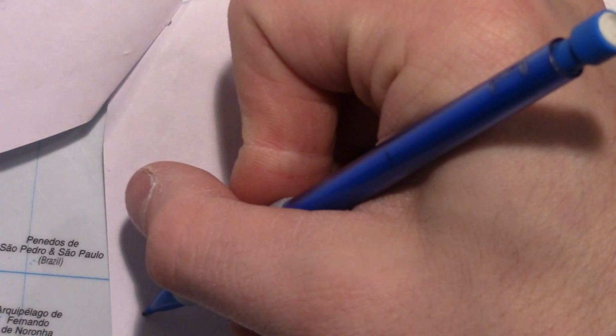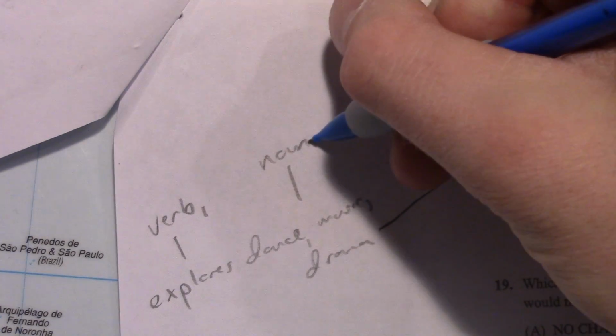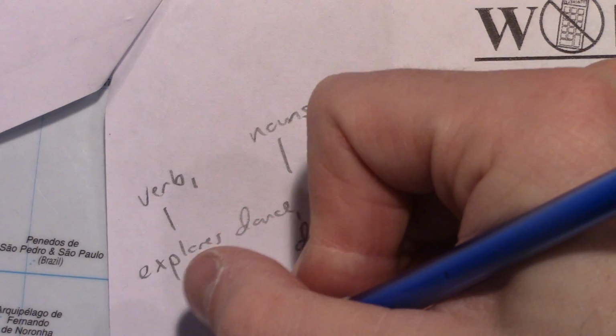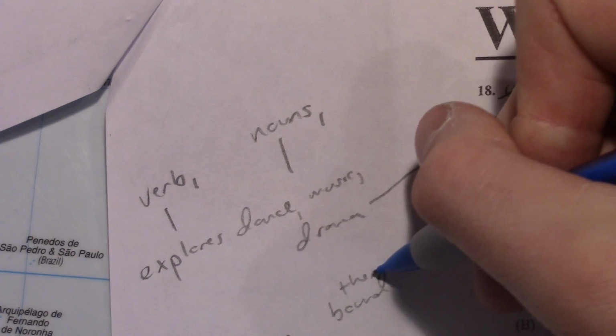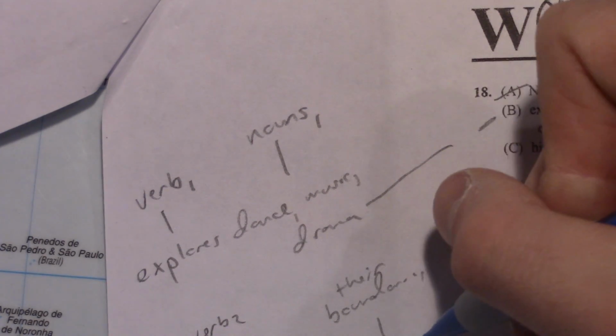What the sentence actually says is this: explores dance, music, drama. So here's the verb he used, verb 1, and here are the nouns, nouns 1. He also experiments with their boundaries. This is the second verb he uses, and the noun he attaches to it.